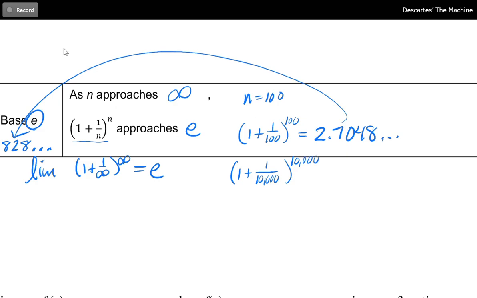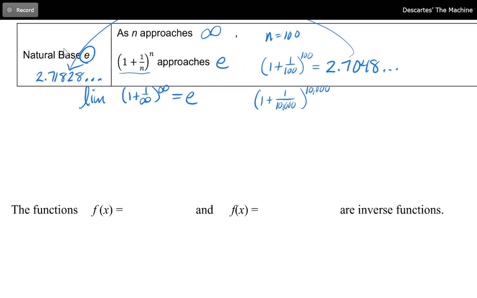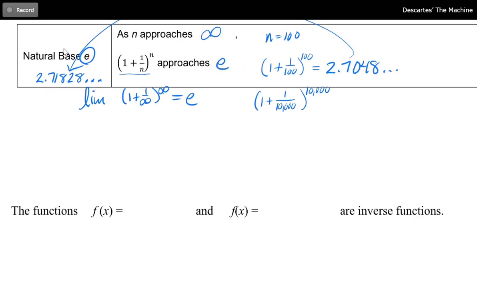So what this tells us is that we've got a natural base that occurs in nature. That seems redundant because it's natural, it's in nature. And so we've got 2 different functions now. We've got an exponential function that involves e as the base, and we can have a logarithm function that involves e as the base.